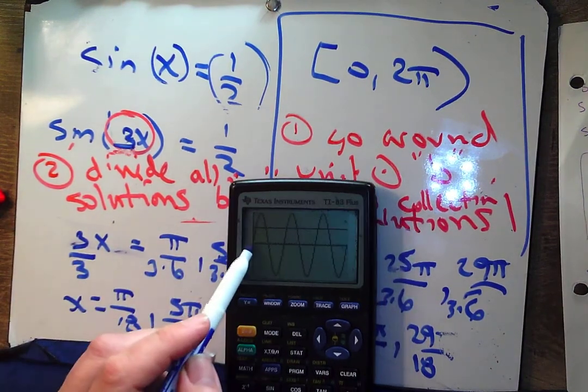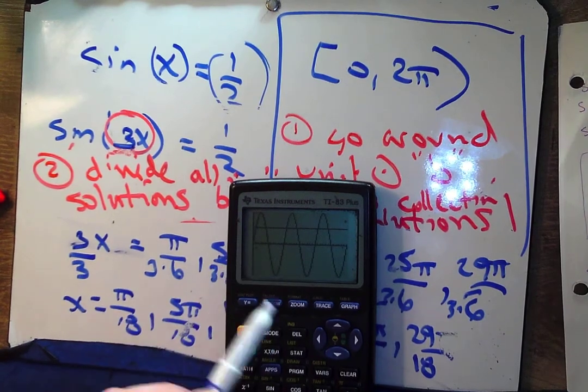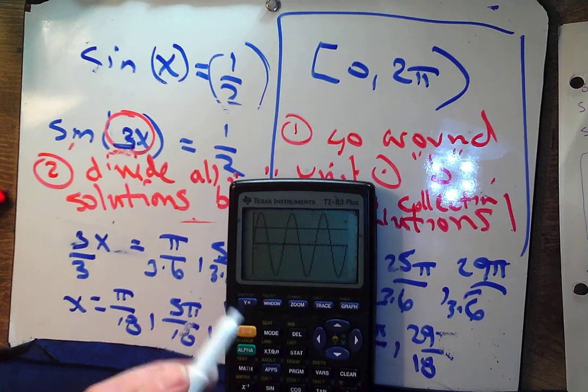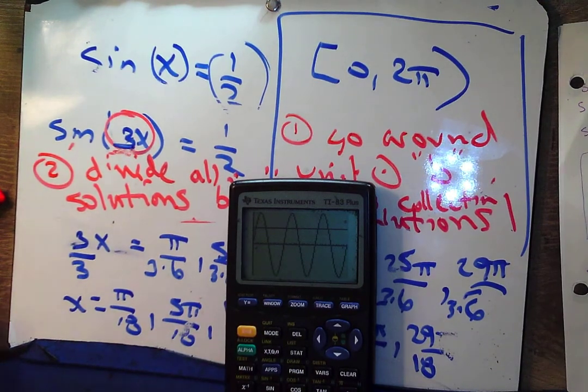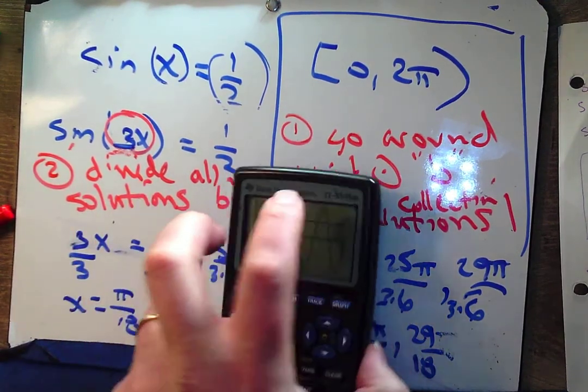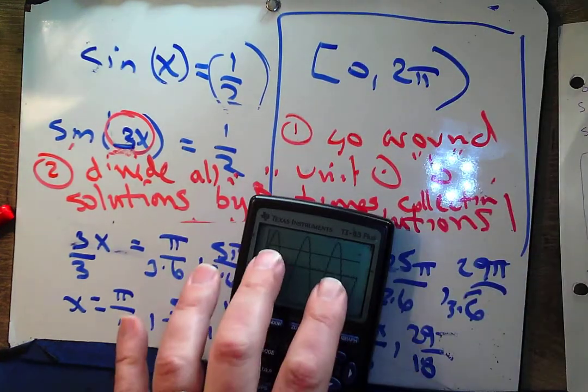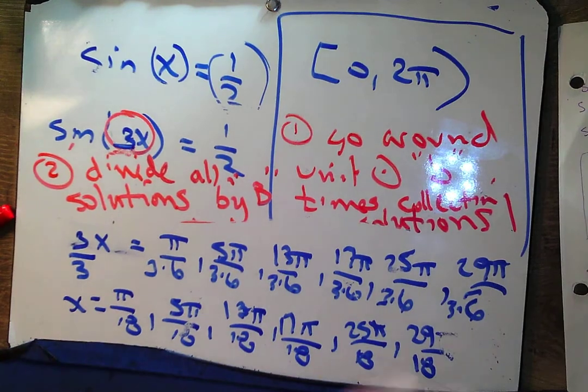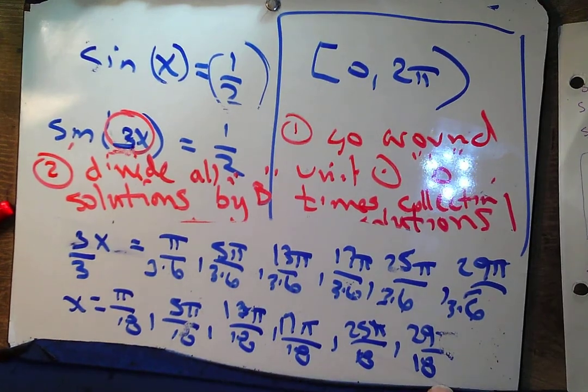Oh, look, here's a solution at 1 pi over 18. And there's 2, 3, 4, oh, there's 5 pi over 18. And so I could actually count the solutions here. This is not a good way to do the problem and expect to get these answers. It's a way to check the answers, because here I needed to actually do the problem to know that my x scale should be 18ths.